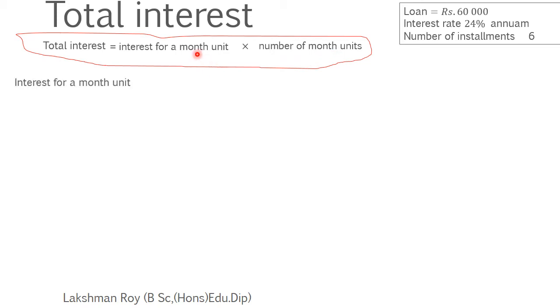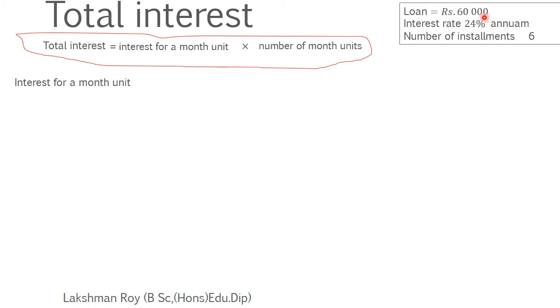First, interest for a month unit. Interest for a month unit means what interest you should pay for a month. Remember earlier we found the loan amount paid for a month without interest. Here loan is 60,000 rupees, that is paid in 6 months.